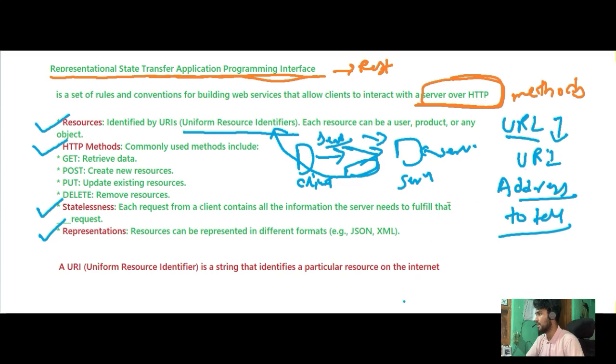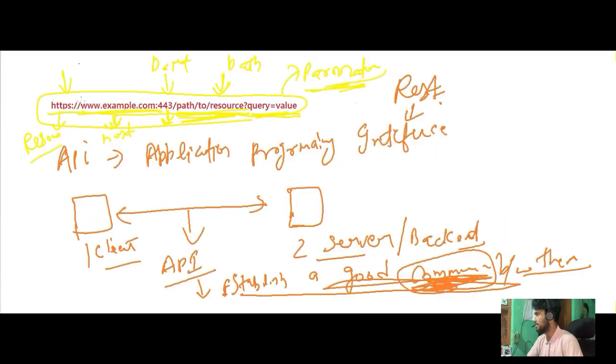A URL consists of HTTP, host, port, resource, and parameters. As we are using REST API, we are using the HTTP methods. The host is nothing but the IP address. If you are studying networking, you understand the IP address and what the host is. And the port says on which port the application is actually running.